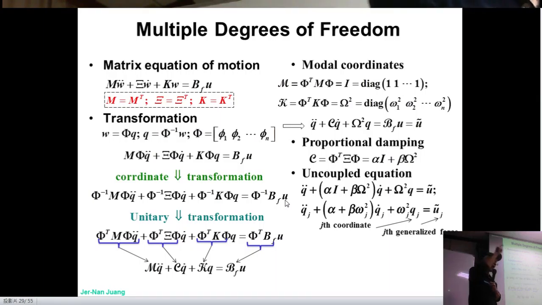That means the eigenvalues won't be changed. Understand? So the similarity transformation is important.